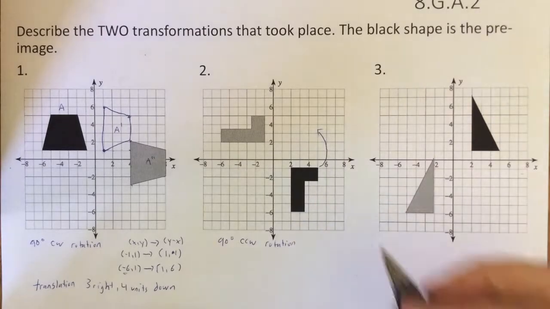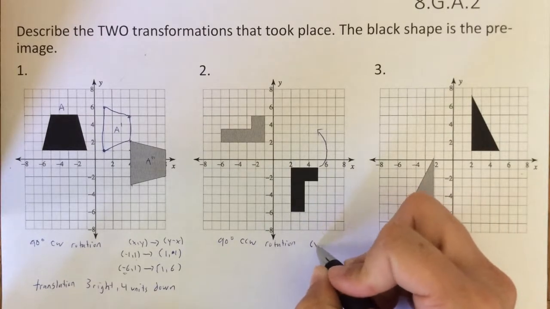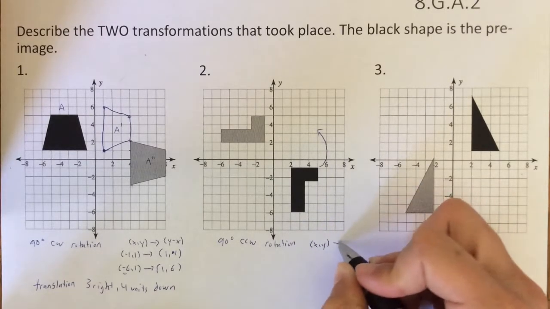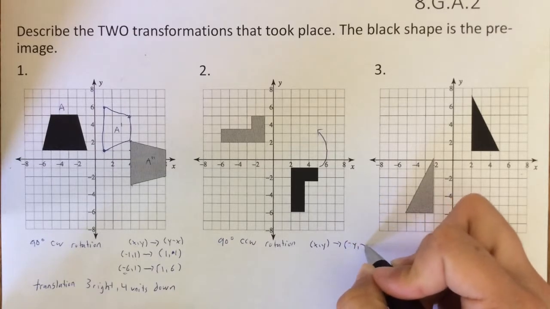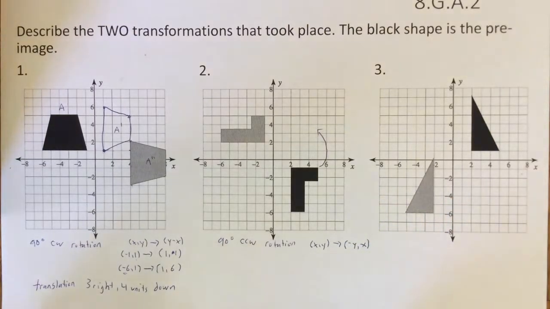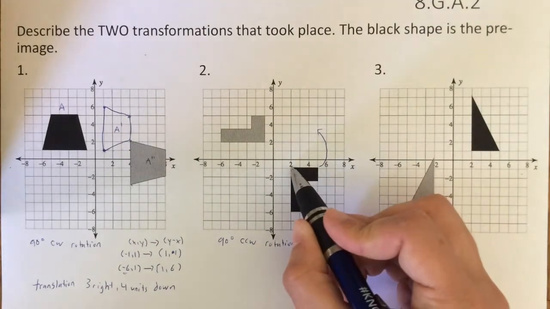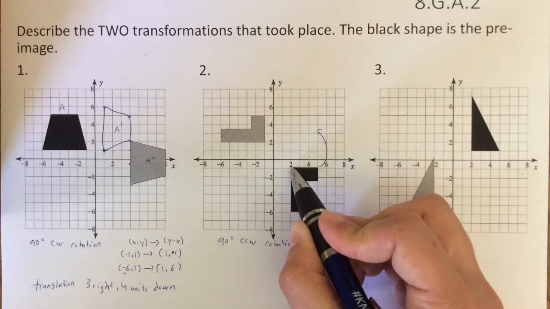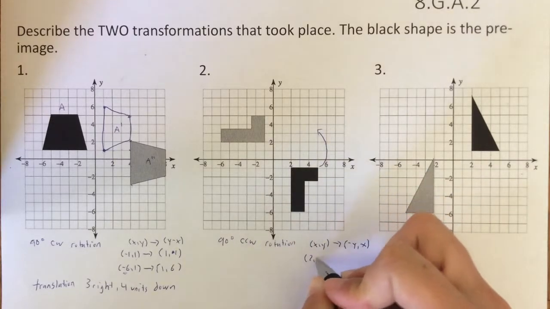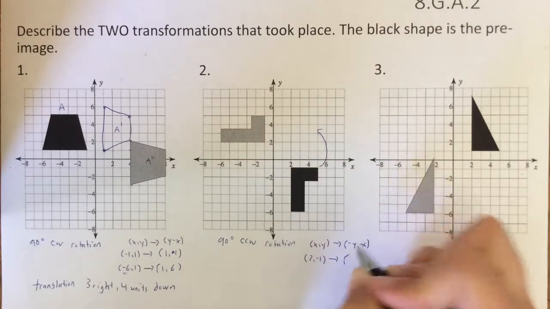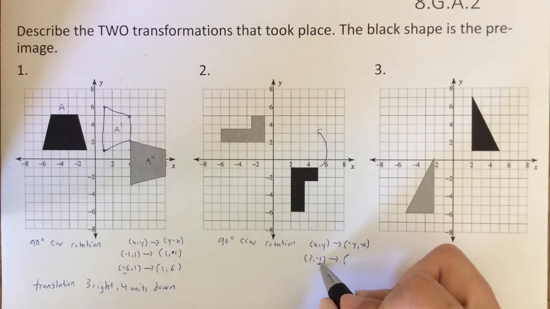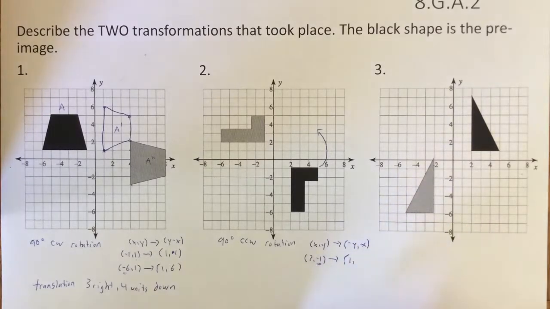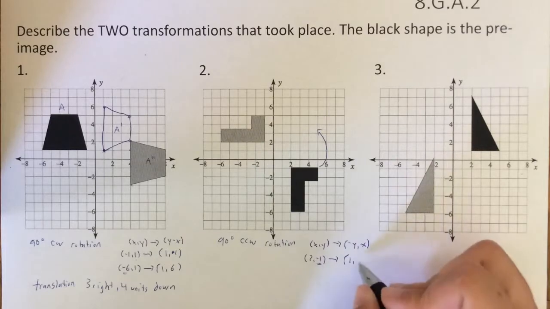My rule for a counterclockwise rotation is that x, y becomes negative y, x. So I'm just going to take a couple of my points and figure out what their new coordinate points will be after that rotation. The first one I will do is this one right here, which is at 2, negative 1. My y comes first and it changes signs, so that negative 1 will become positive 1, and my x comes second, so that will be 2.